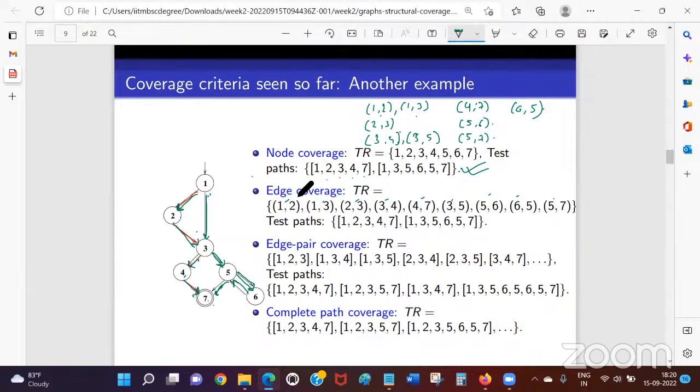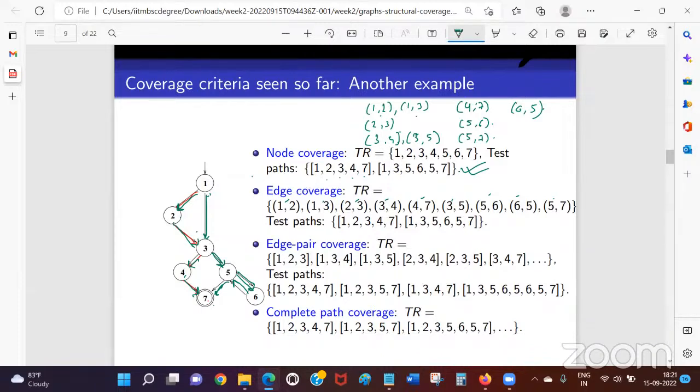As I told you, a set of paths covering the node criteria may or may not cover the edge criteria. Here it is covering, but it is mandatory that paths covering the edge criteria also cover the node criteria, right?